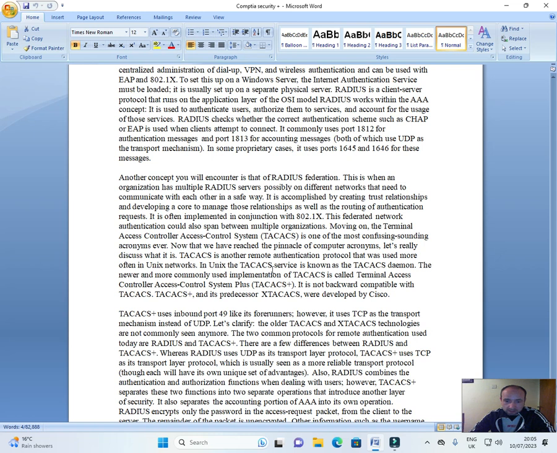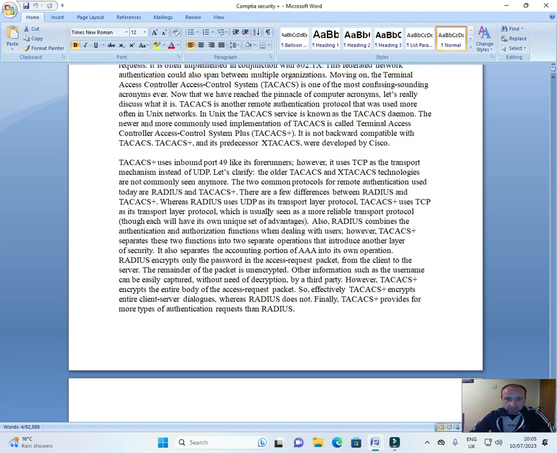In Unix, the TACACS service is known as the TACACS daemon. The newer and more commonly used implementation of TACACS is called Terminal Access Controller Access Control System Plus, TACACS Plus. It is not backward compatible with TACACS. TACACS Plus and its predecessor TACACS were developed by Cisco.